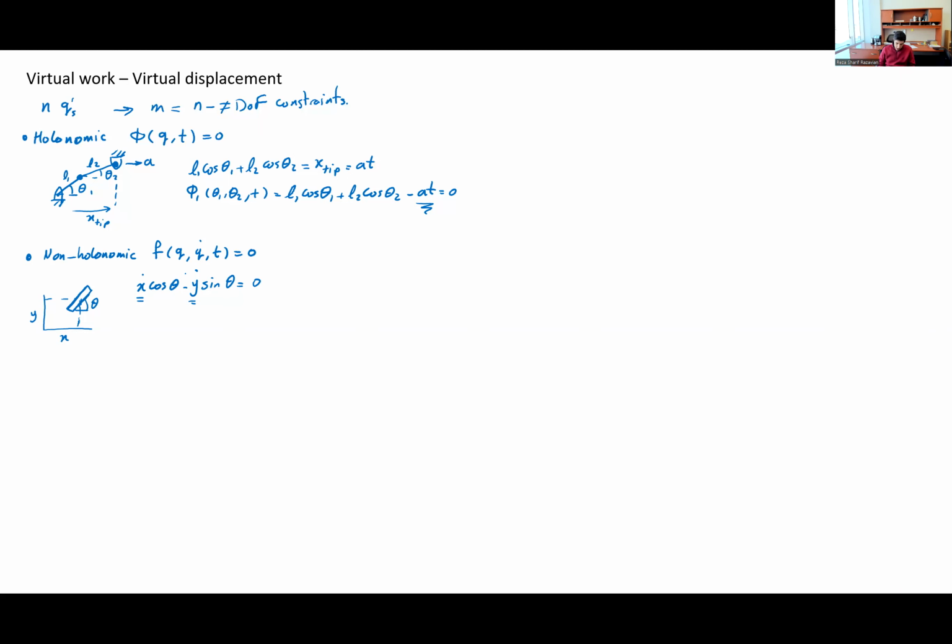Going back, note that these velocity terms, x dot and y dot, show up as a linear term in the constraint equation.